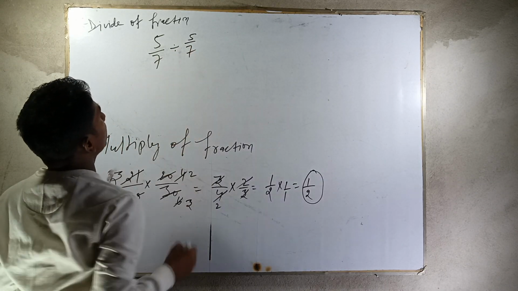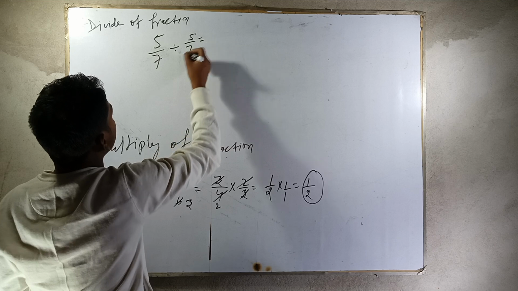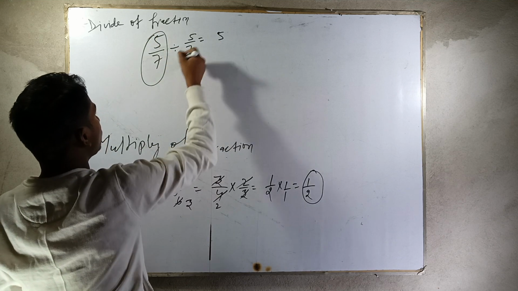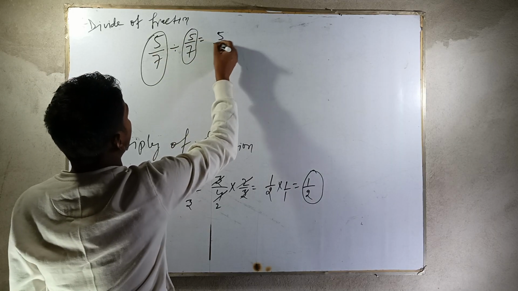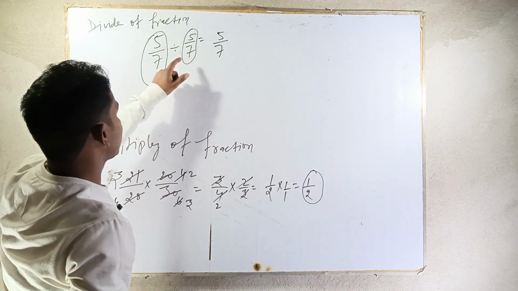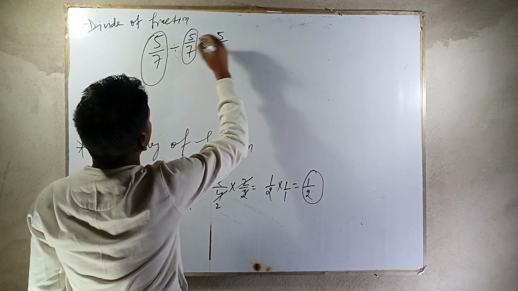This is division of fractions. Its rule is, if the first term is given, and the second term is 5 by 7, I need to write the first term as it is and replace the divide sign with a multiply sign.